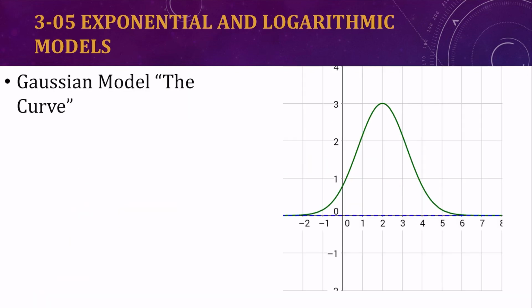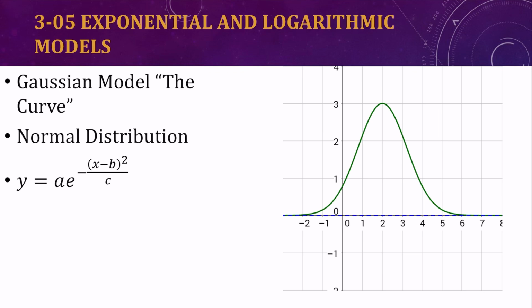Our next model is the Gaussian model, known as the bell curve, which describes a normal distribution. That is the function. On this curve, the highest point will give you the average. So in my particular graph, the average is 2.